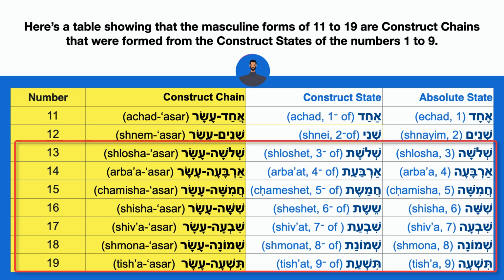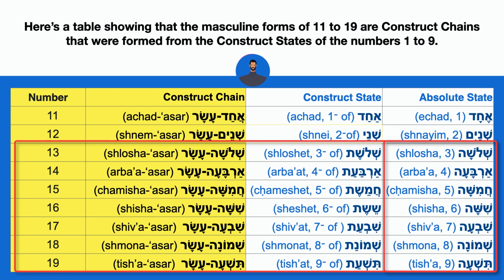However, when you look at 13, 14, 15, 16, 17, 18, and 19, these numbers are in fact combining the absolute state of these masculine numbers plus asar.